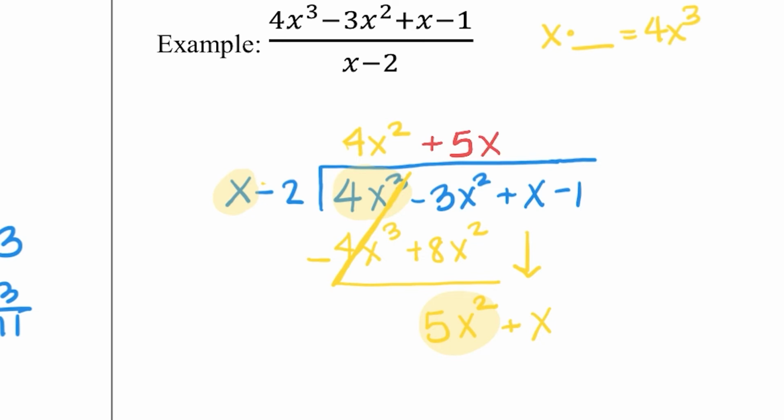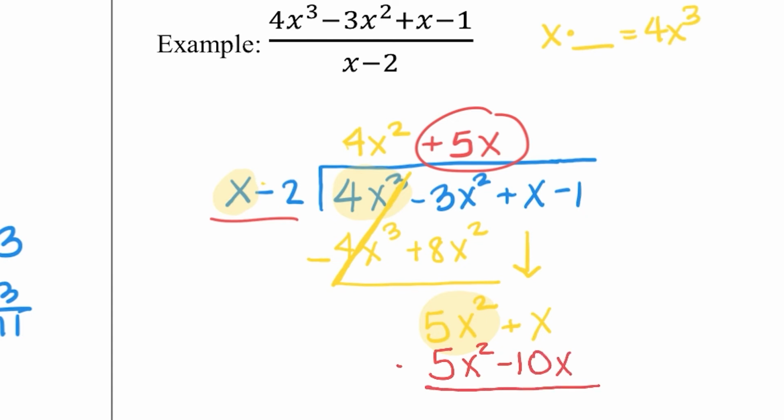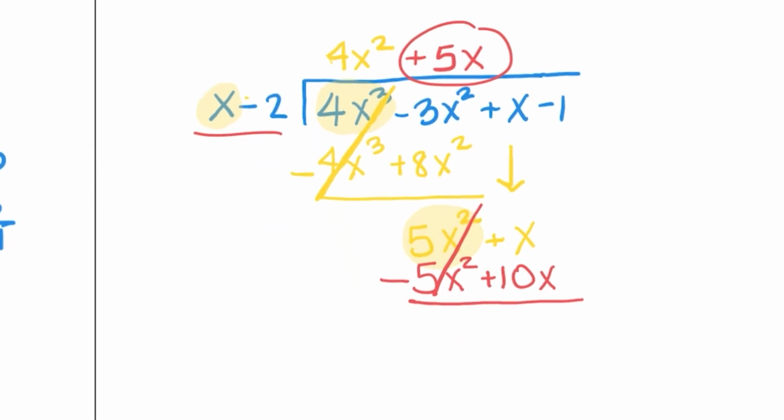Because I want to make it an x squared. So now I'll multiply 5x by x minus 2. That would be 5x squared minus 10x. And then we subtracted, but here we're just going to change both the signs of these terms and add. So we have 11x, then I'll bring down minus 1.